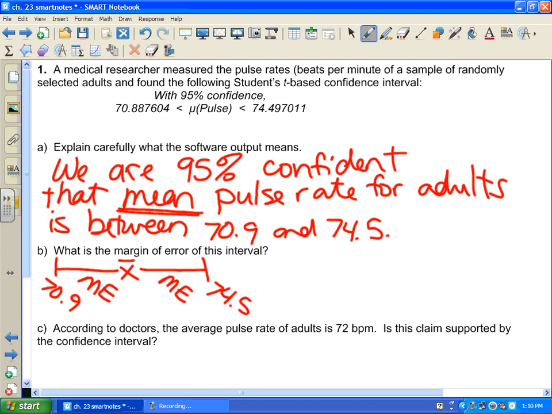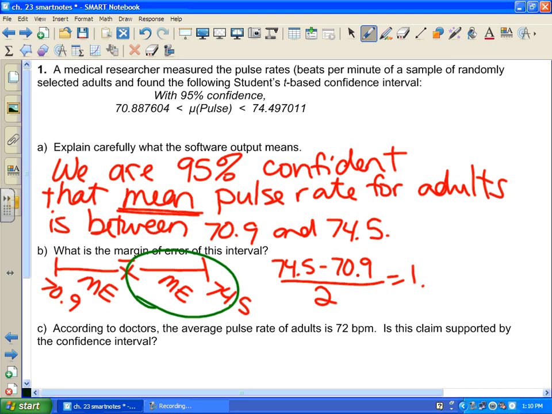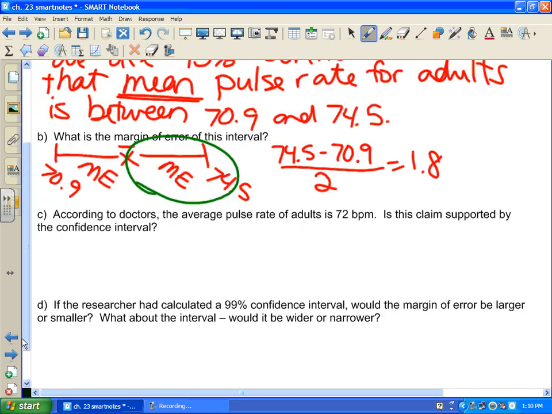The margin of error is just half of that distance. So find the distance from 70.9 to 74.5, and then we only want half of that. So divide by 2. 1.8. It's really just making sure you know what margin of error is.